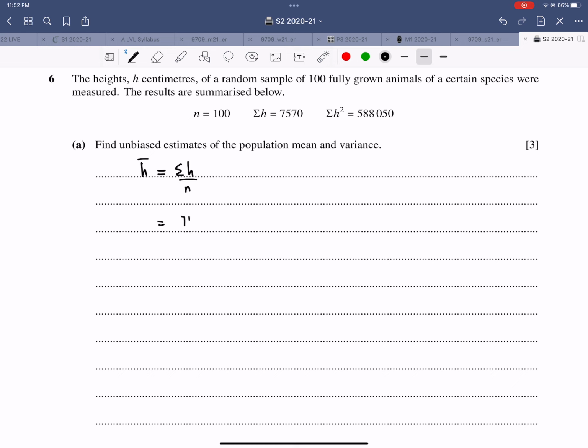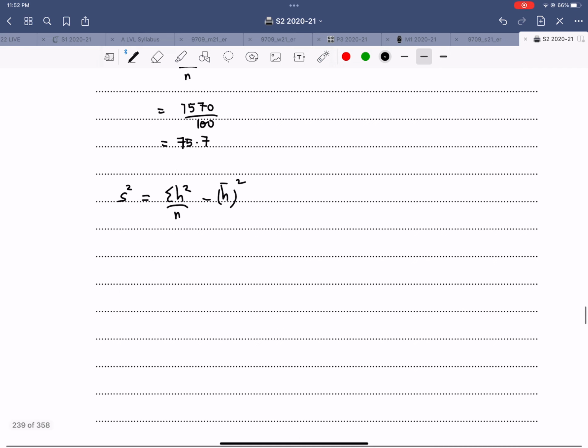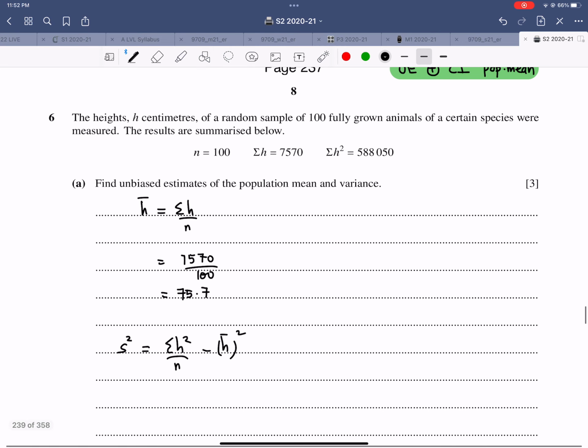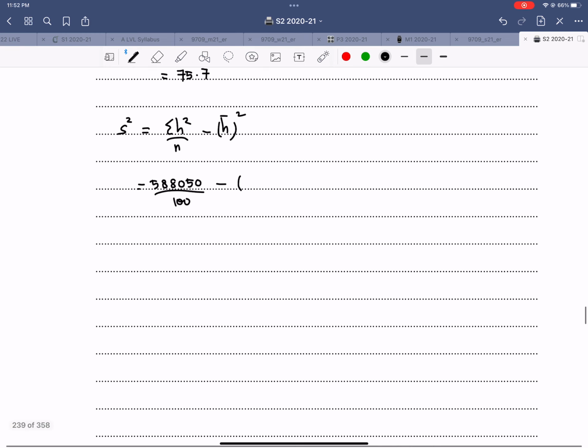That is 75.7. And similarly, variance for the sample is sigma H square over N minus H bar square. Therefore, this is 588,050 over 100 minus the exact value 75.7 square, and you get some answer.